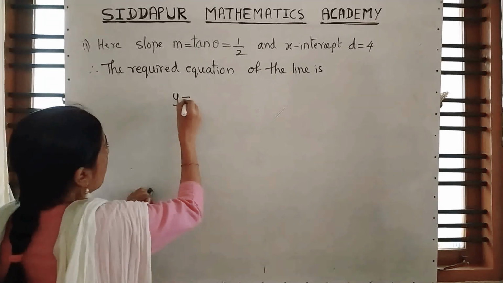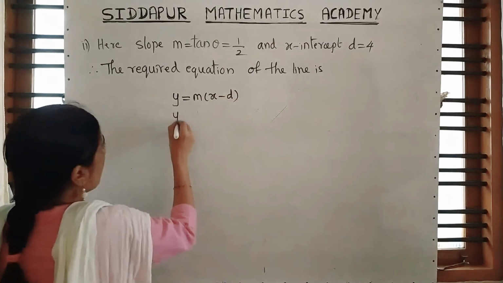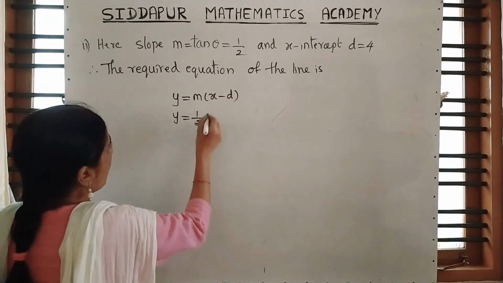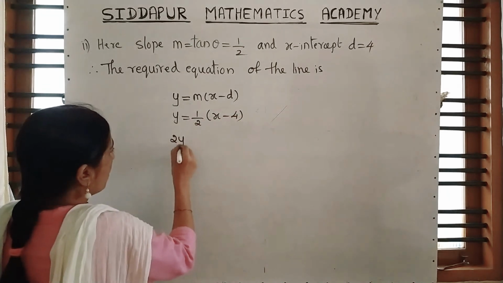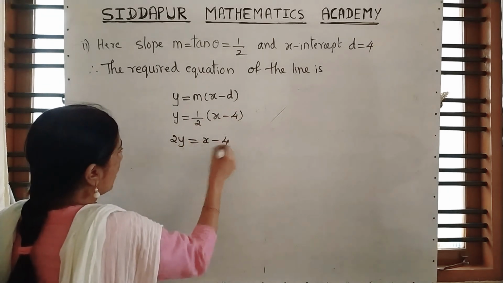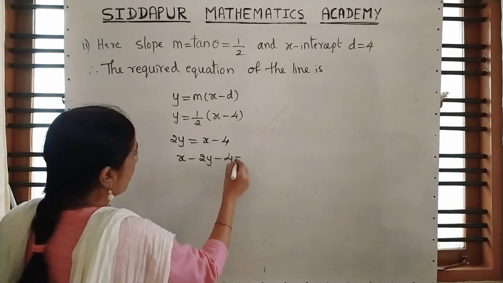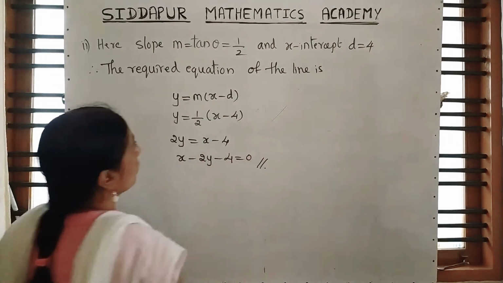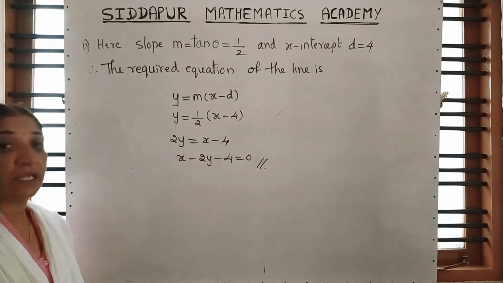Y is equal to 1 by 2 in the bracket x minus 4. Cross multiply. 2y is equal to x minus 4, or x minus 2y minus 4 is equal to 0. This is the equation of the line with the slope and the x-intercept.